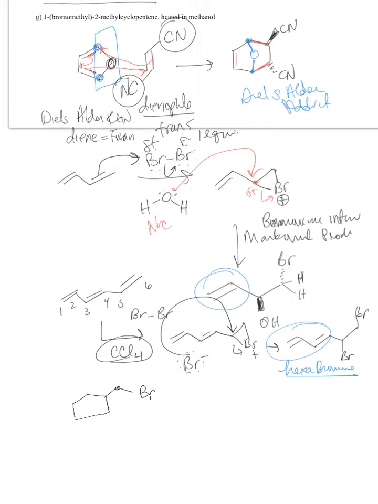After you have your methyl, two methyl, heated in methanol. What kind of reaction would you have? Oh, I forgot my pentene. So it's not put on there, so it would be there. Heated in methanol.